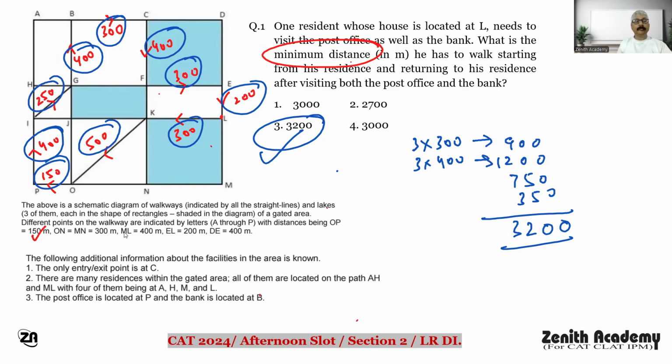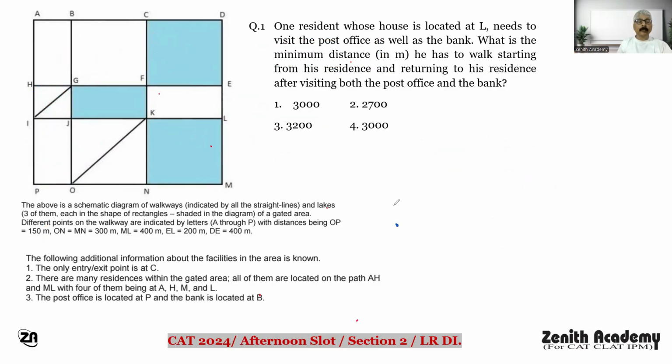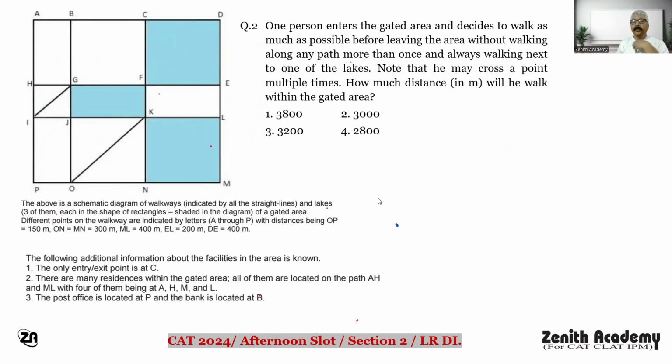Now see the next question. One person enters the gated area and decides to walk as much as possible before leaving the area, without walking along any path more than once and always walking next to one of the lakes. Note that he may cross a point multiple times.